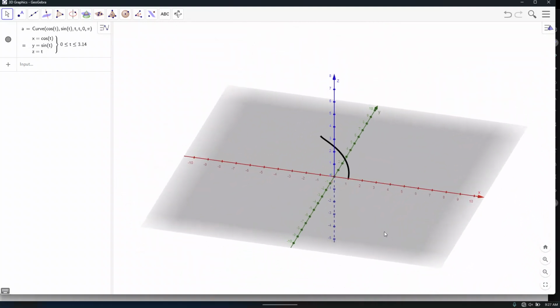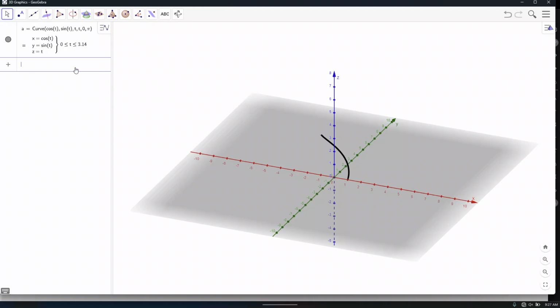I would like to plot the points just so you can see what we're doing. So, 1, 0, 0, and negative 1, 0, pi.